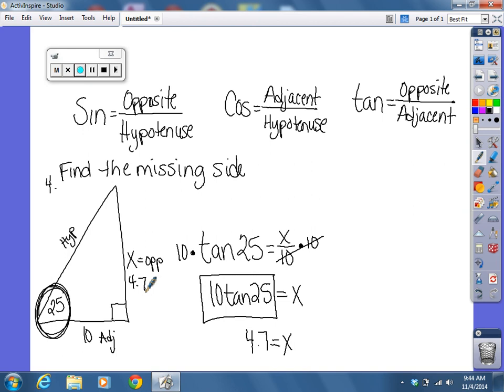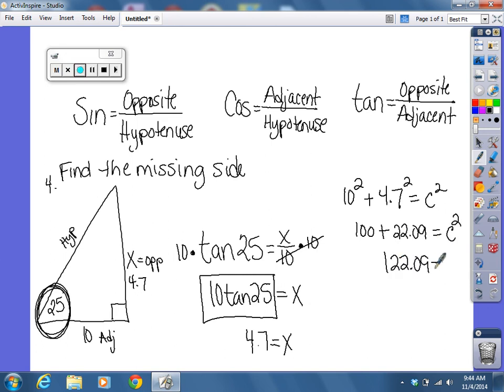If I was given how could I find my hypotenuse? Ah, Pythagorean theorem. So if I have both my legs, I've got 10 squared plus 4.7 squared equals my hypotenuse. So I can actually find my hypotenuse if I wanted to. So that's 100 plus 4.7 squared is 22.09. When I add those together, I get 122.09.